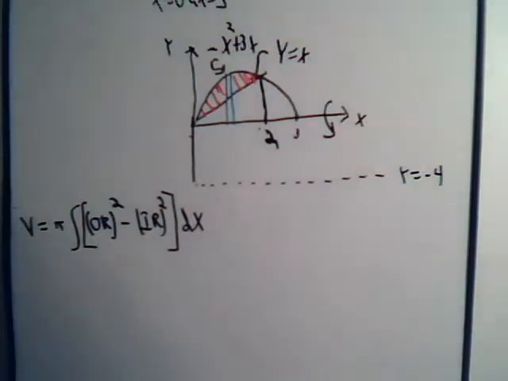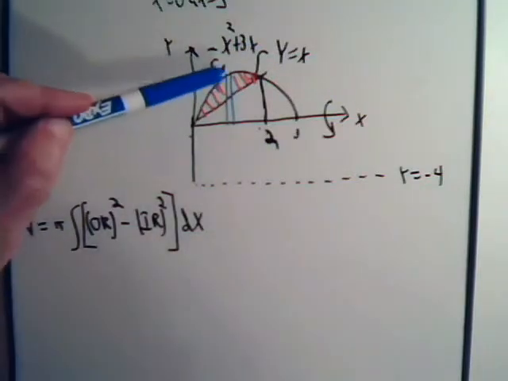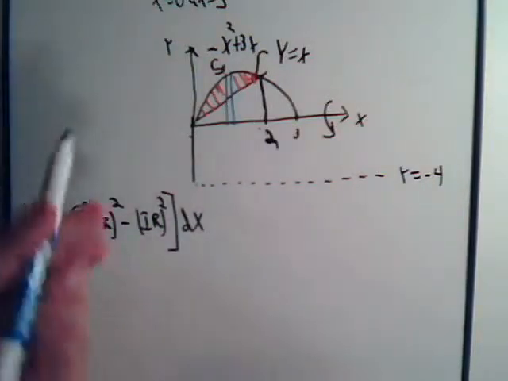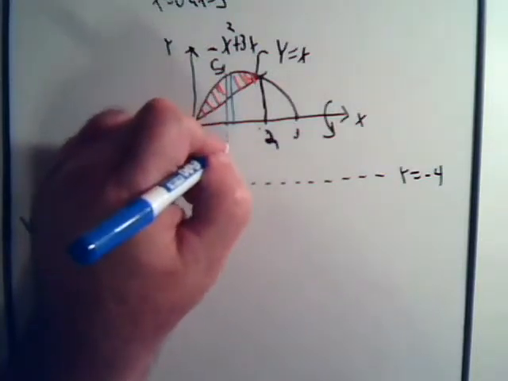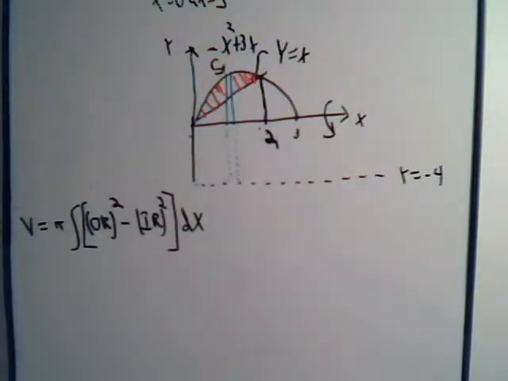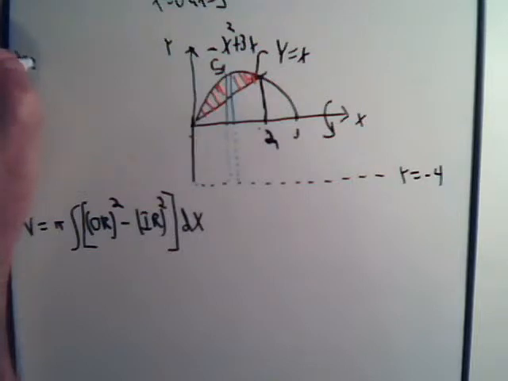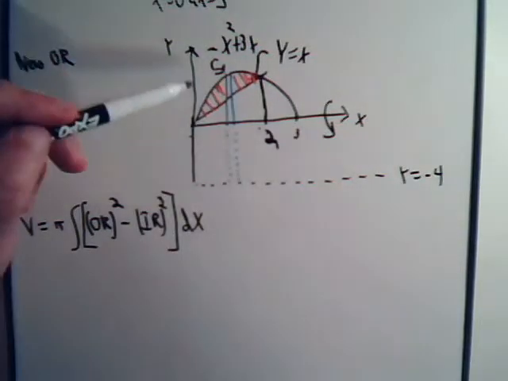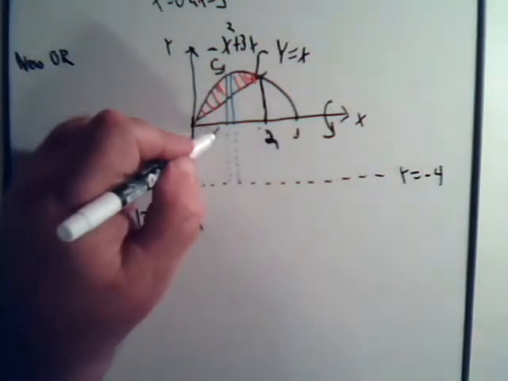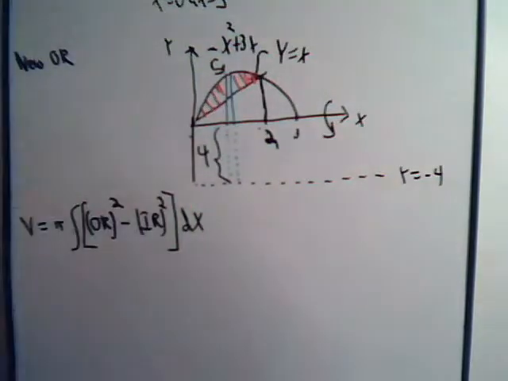Well, here then, what we can think of is we have these vertical strips that we made before, but now we're not rotating with the x-axis, we're rotating about this horizontal line. So we have to extend them like this. So our new outer radius, that's going to be this distance that we always had, plus we have to tack on an extra 4 units.